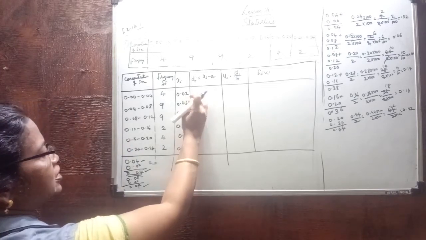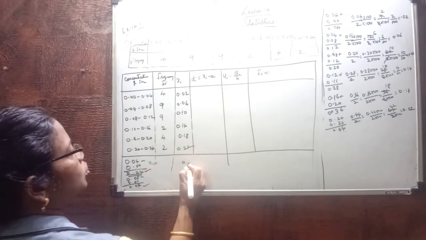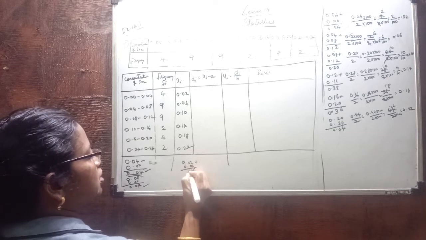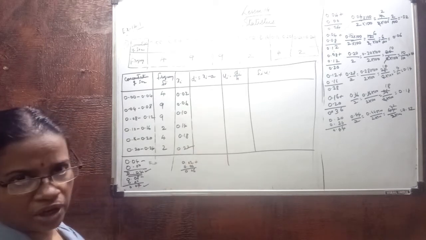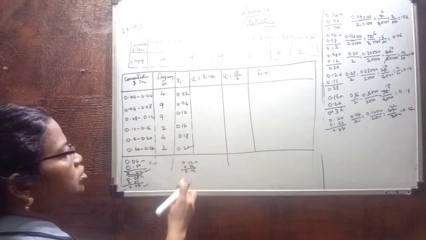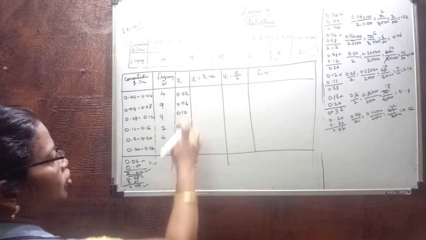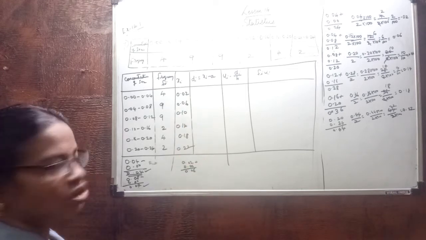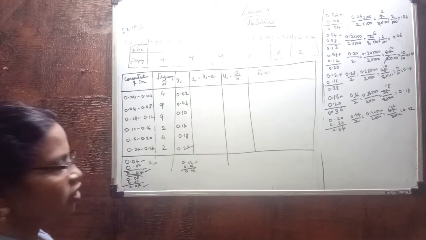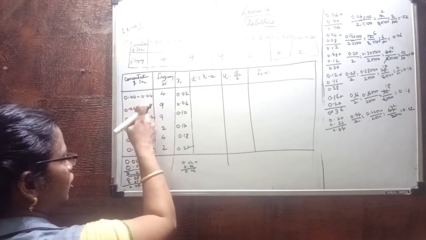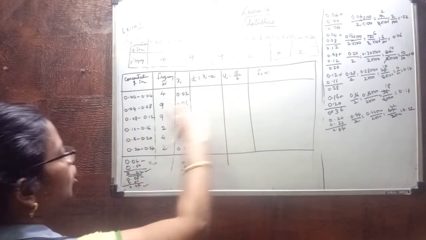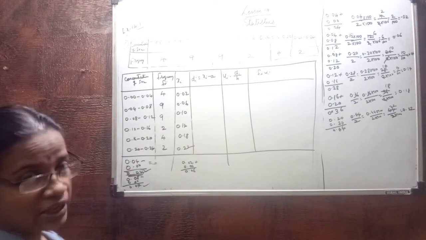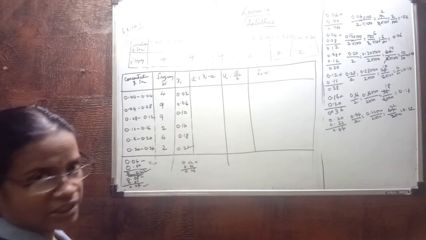Just add this: 0.02 plus 0.04, you get the answer 0.06. So 0.06 plus 0.04, you get 0.10. So if you add with 0.04, you get the same answer. Anyway, any method you can use: either just add, or find out the difference, the class size h, and add with xi, you get the answer.